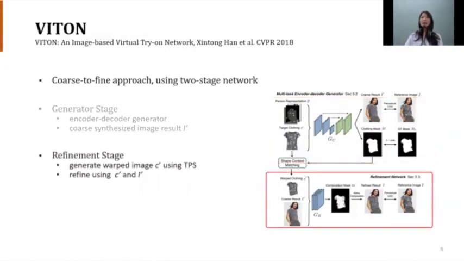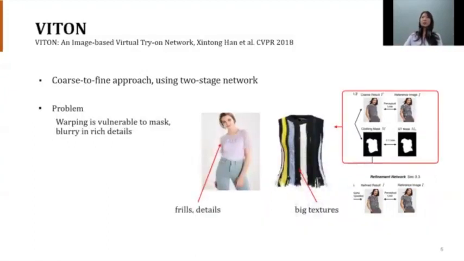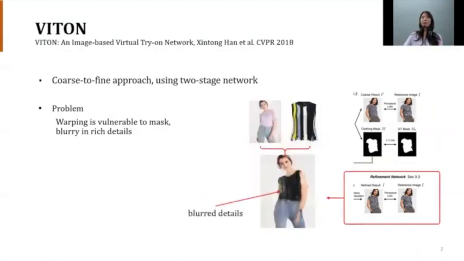And then in the refinement stage, the cloth image is warped and then merged to generate the final image. But this kind of coarse-to-fine approach has a problem because the warping itself is vulnerable to the generated mask. So the details of the clothes are merged and blurred. So CP-VITON came up with the GMM idea, simply changing the two steps, warping the image from the image itself, not with the generated mask.